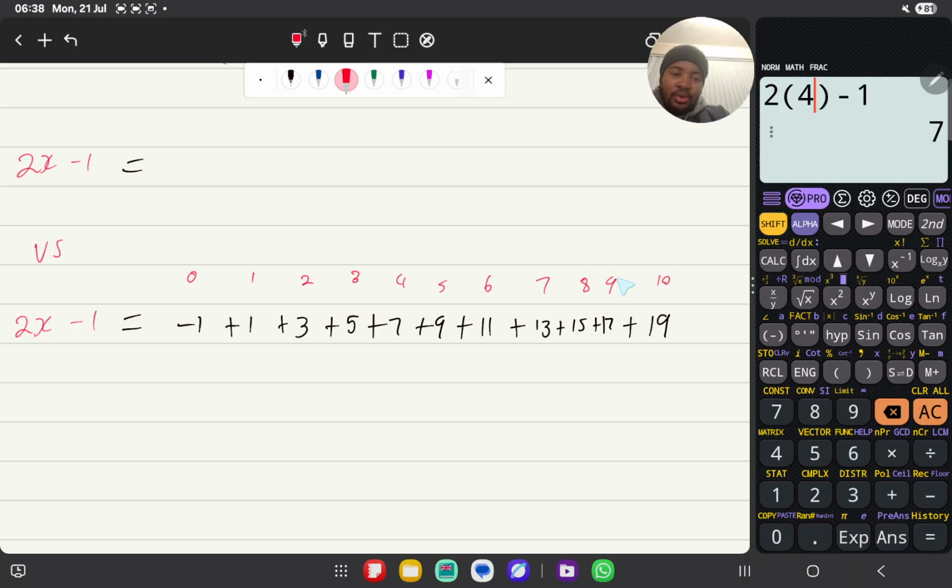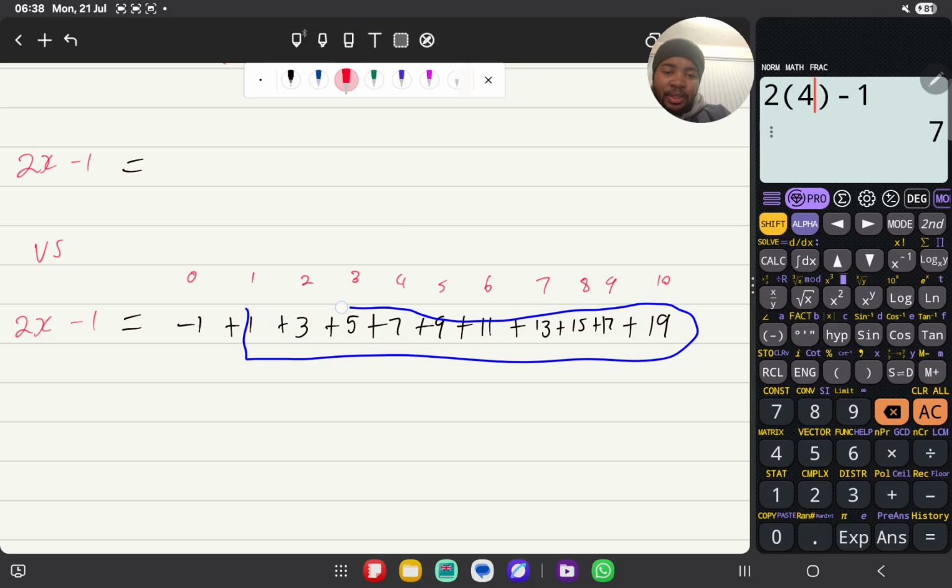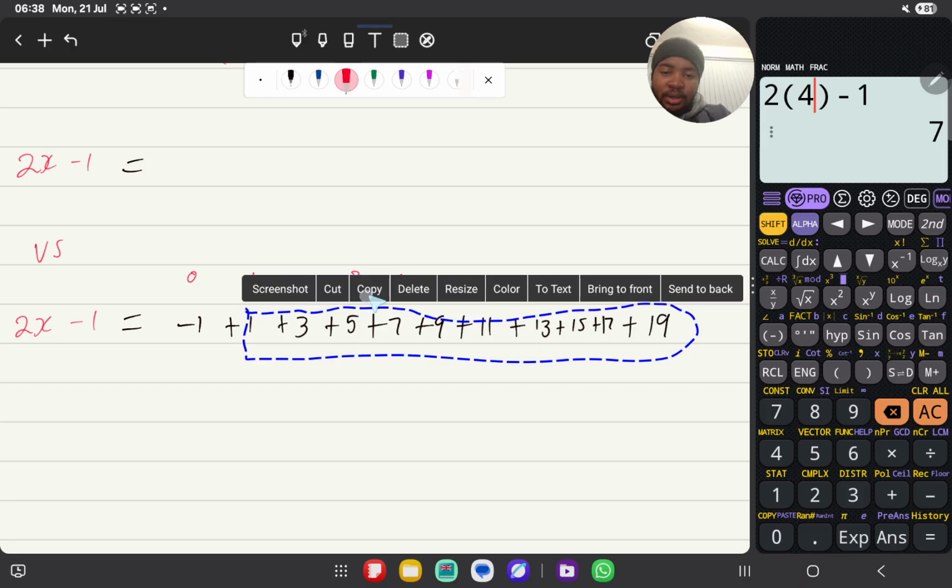We move from 0 up until 10, and if we move from 1, we're gonna have exactly these.